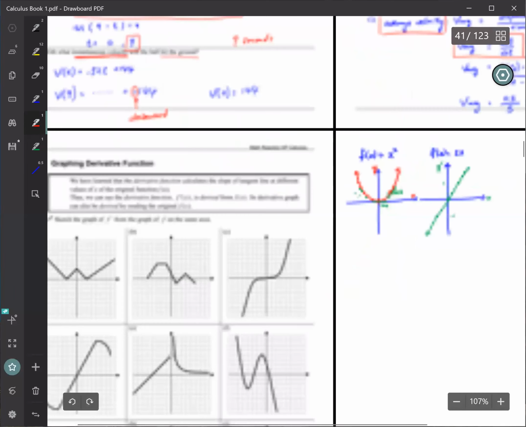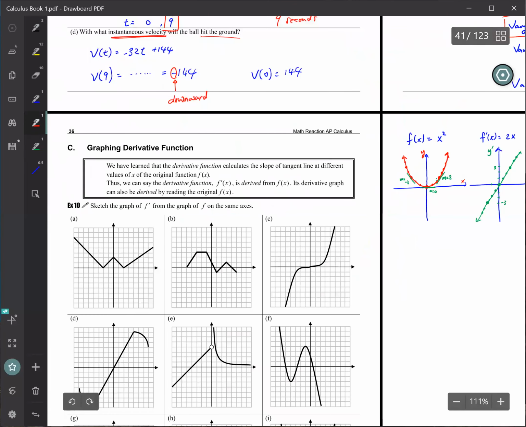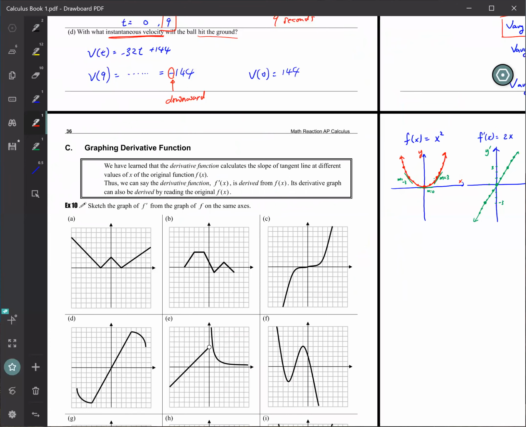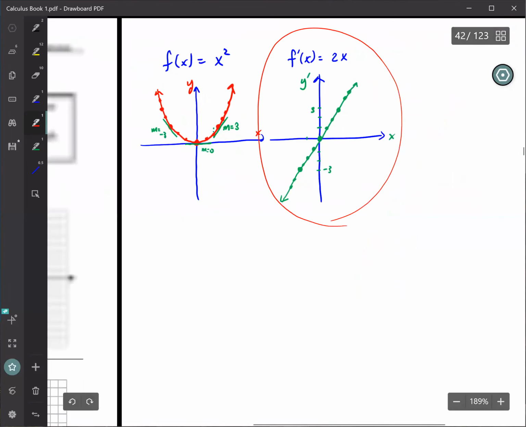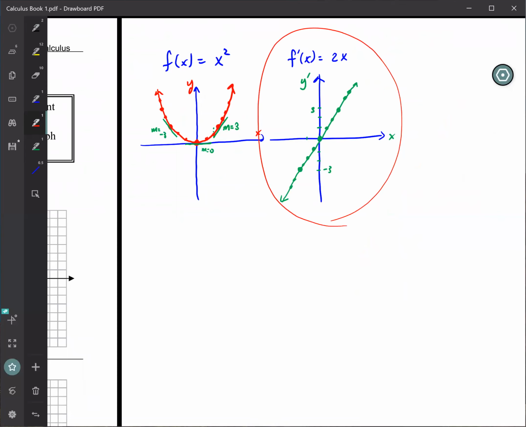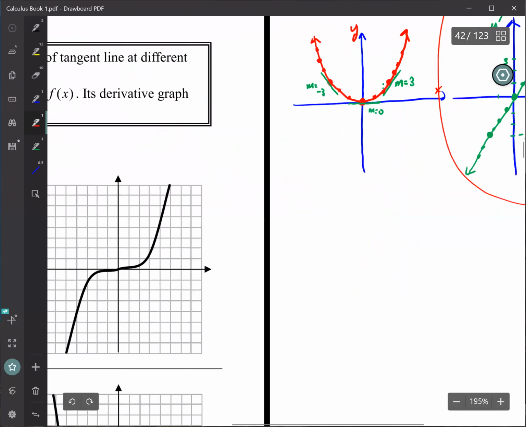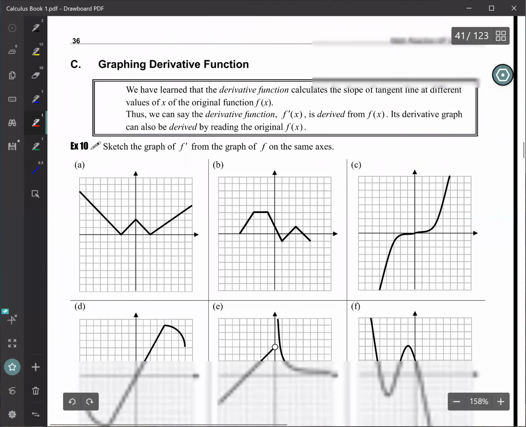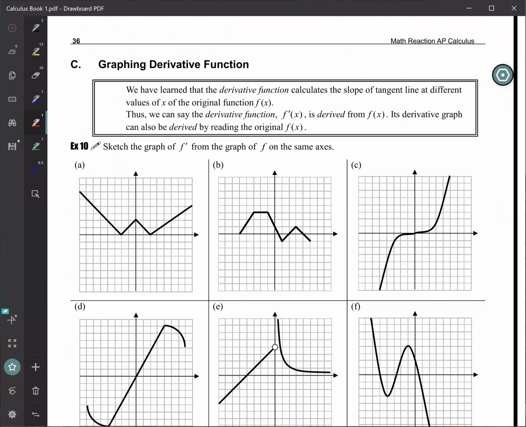We're going to graph derivative functions. They will give you the original and you want to graph the derivative. Let's look at question part C. We've learned that the derivative function calculates the slope of the tangent line at different values of x of the original function.